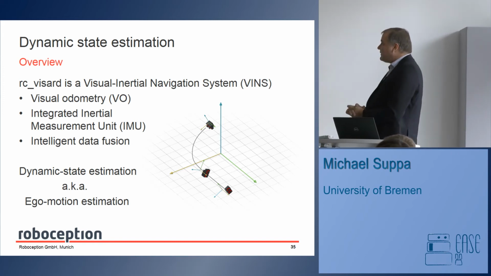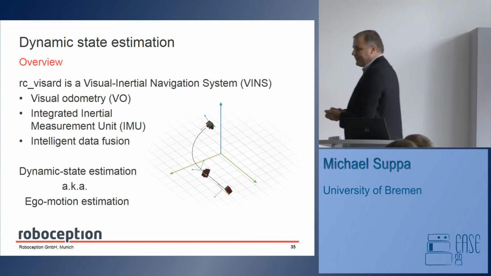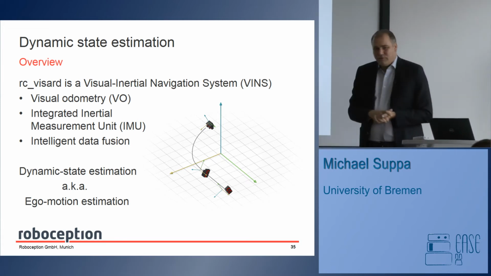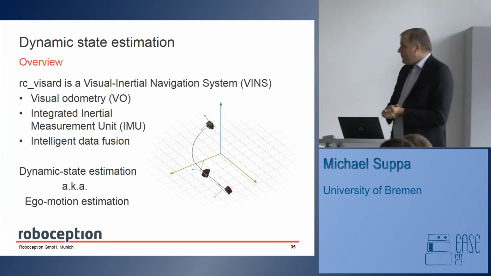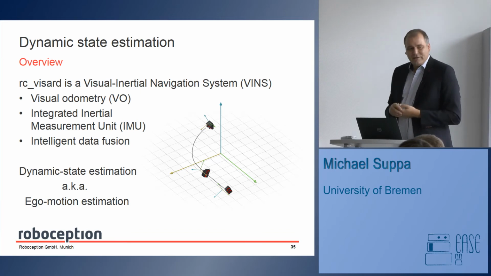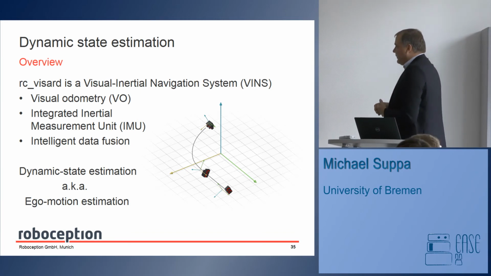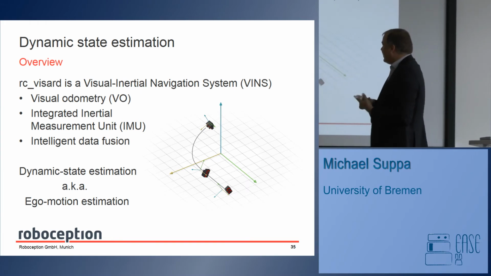Dynamic state estimation is my next topic. Now we talked about how to get depth, and the next topic is how to know where the robot is. There are a couple of ways. You can have odometry, wheeled odometry. You can have your kinematics for a stationary robot. But what I would like to introduce here is visual inertial navigation.